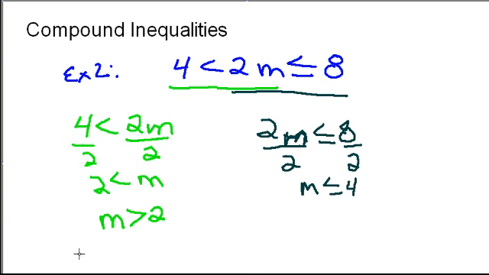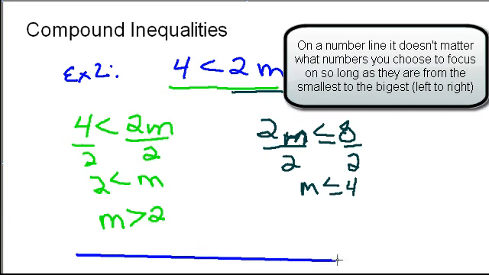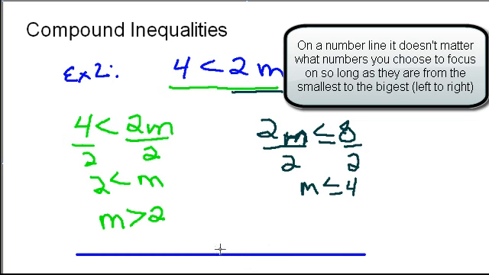So let's make one here. Let's make this 1, and then we get 2, 3, 4, 5, 6, and 7.